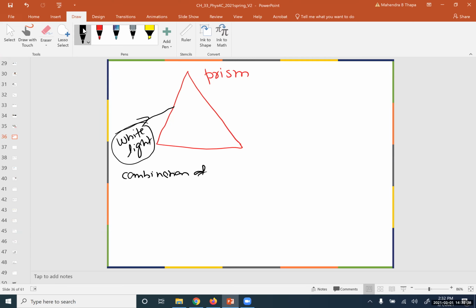In short we can write VIBGYOR. If you pass the white light through the prism, it breaks up into 7 colors.